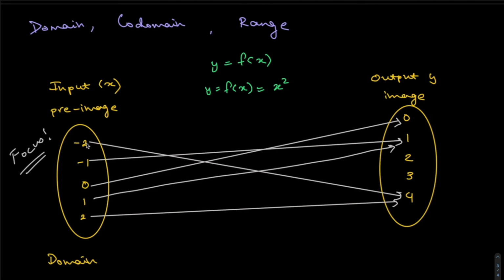So -2 corresponds to 4 only. It doesn't correspond to 3 and 4. It only corresponds to 4. So it's okay. Similarly, -1 corresponds only to 1. Doesn't correspond to 0 or 2 or 3 or 4. That's fine. 0 corresponds to what? It only corresponds to 0. Doesn't correspond to any other values. 1 corresponds to 1. Similarly, 2 corresponds to 4.